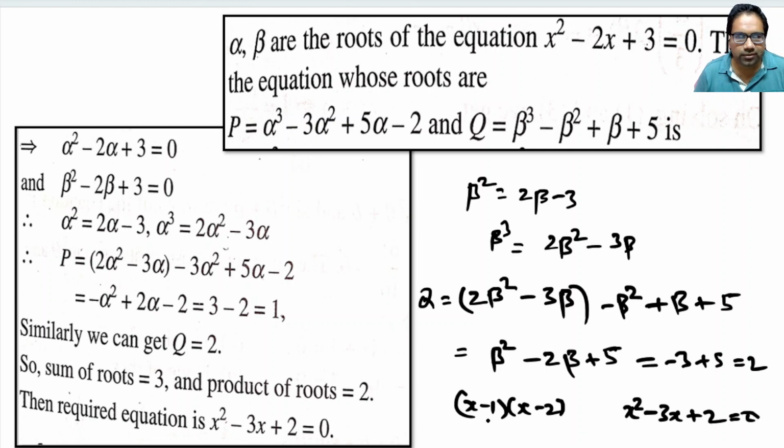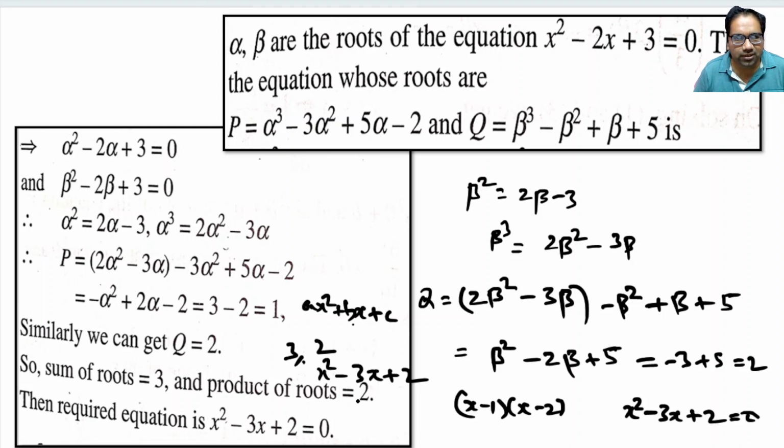Or otherwise also we can use the sum and product of these two roots. Sum of 1 and 2, the sum of the roots is 3 and product of the roots is 2. So we can directly write it as x square minus 3x plus 2. In ax square plus bx plus c, the sum of the roots is minus b by a.